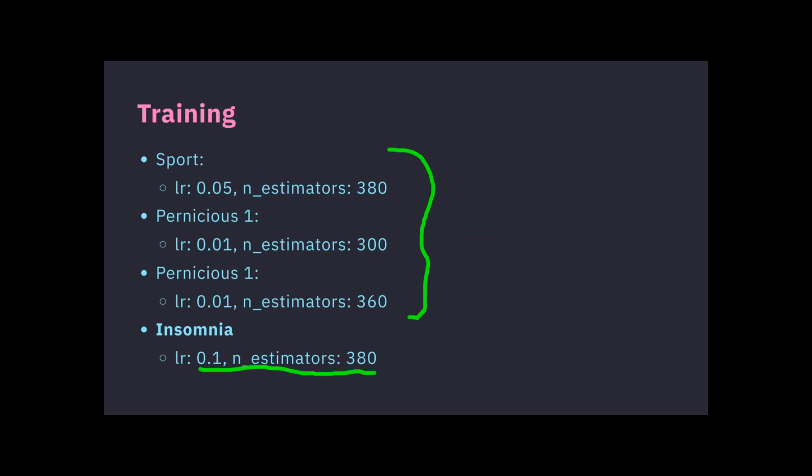For example, for sport, I dropped sport and insomnia and used all the remaining columns to train a sport model, then dropped the other, but used sport for the other models, and then used that data to predict the final model. All right. Thank you.